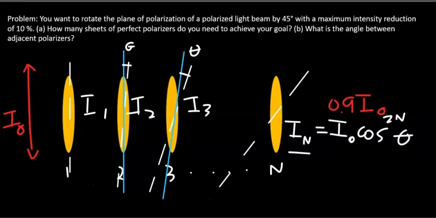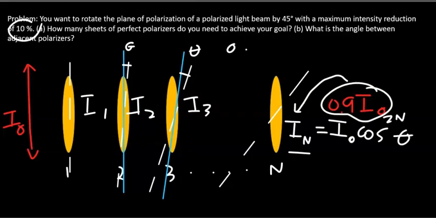But we know In is 0.9 I0 due to that 10% reduction. So substituting this in, we get 0.9 equals cosine to the power 2n theta.